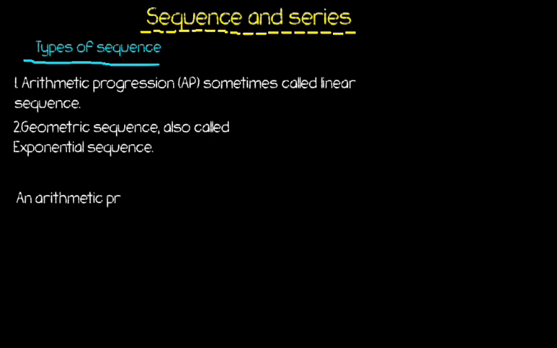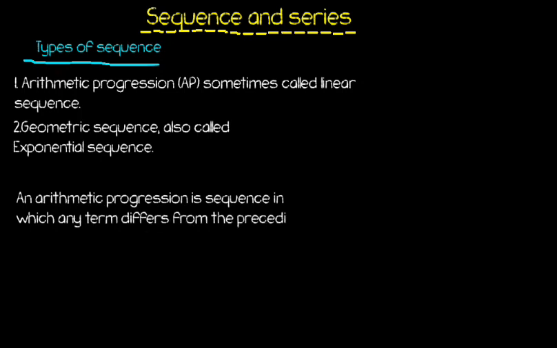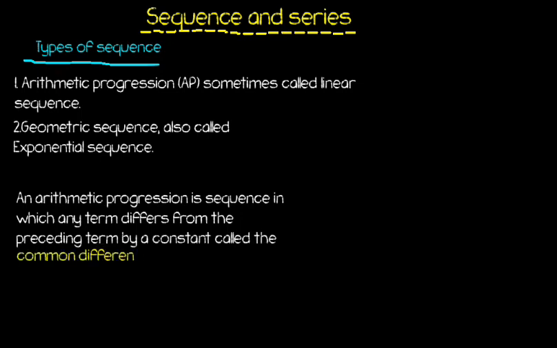An arithmetic progression is a sequence in which any term differs from the preceding term by a constant called the common difference. Let's take an example to illustrate the arithmetic progression. Let's take 2, 5, 8.